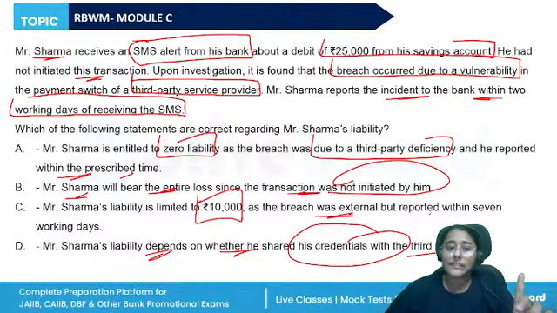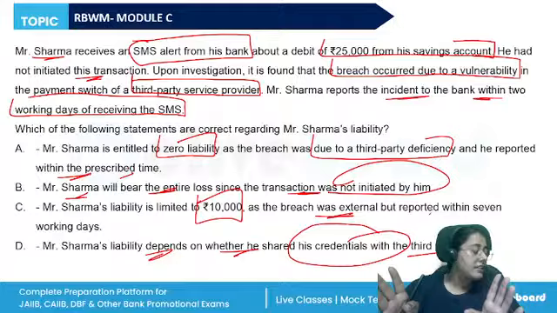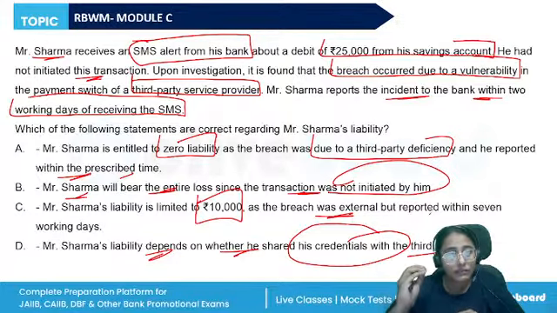So, zero liability will be borne by the customer where the unauthorized transaction is because of the bank, a contributory fraud, negligence, or deficiency. It doesn't matter if the customer gives this report to the bank or not. If it is the fault of the bank, the customer will bear zero liability.